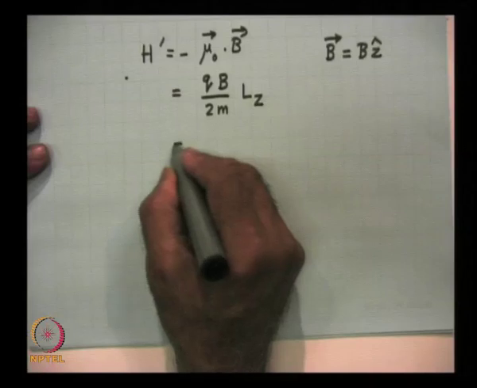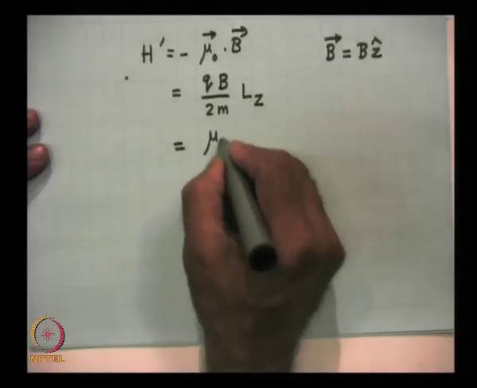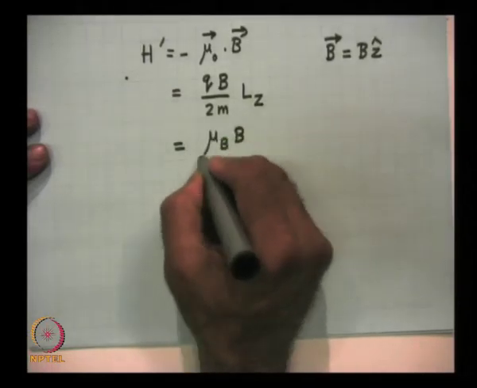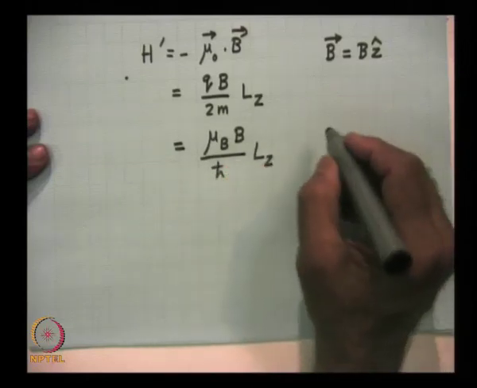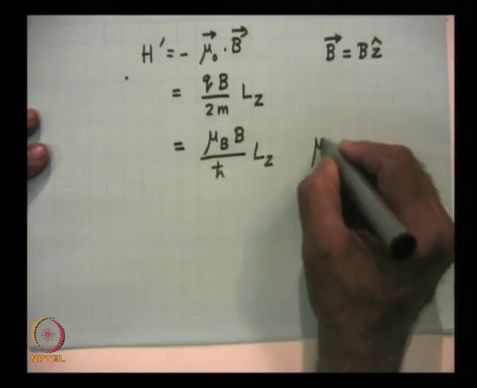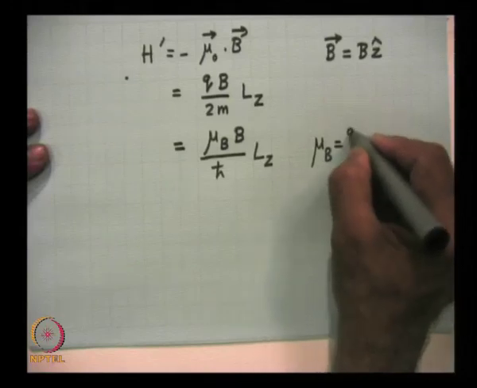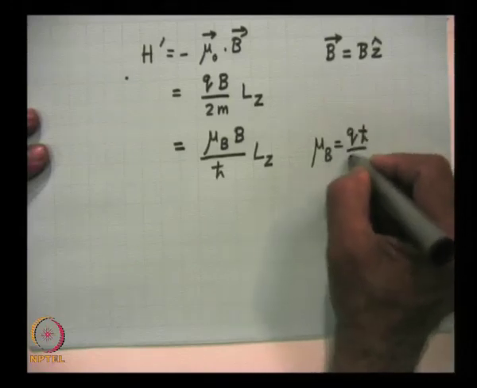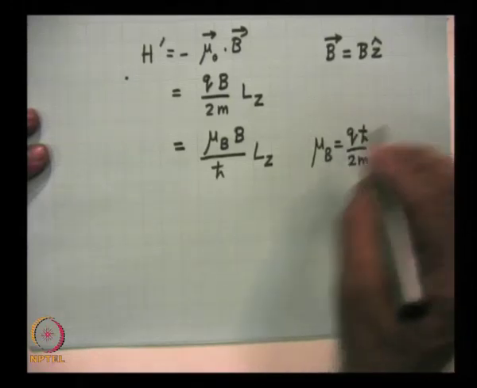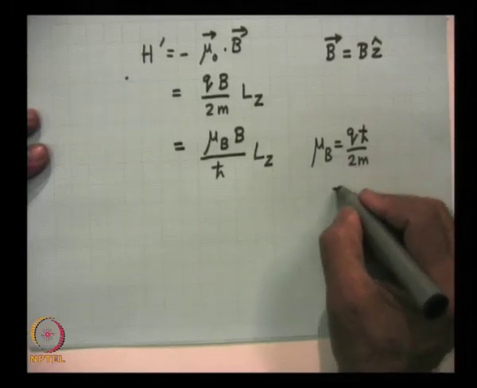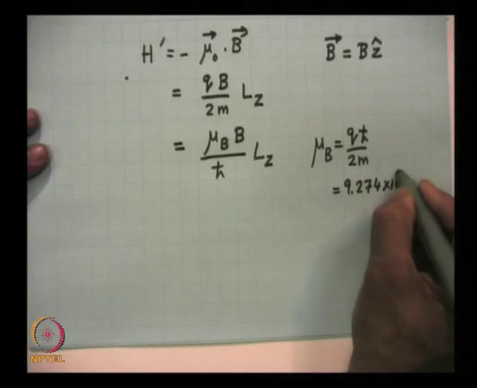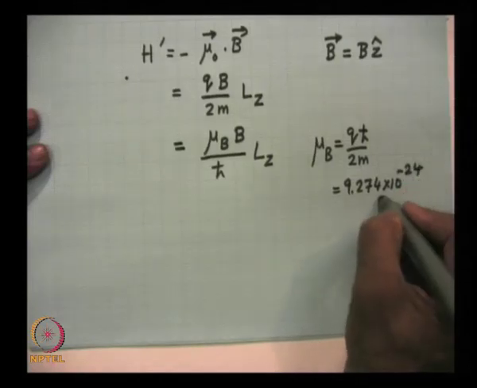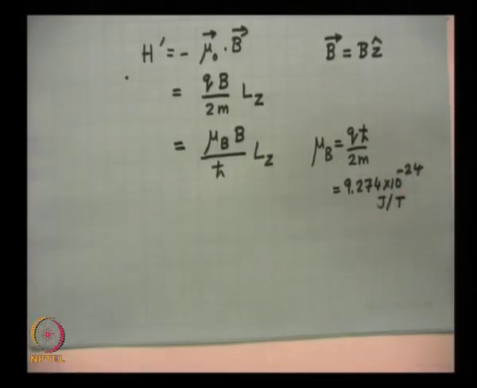So this we usually write as μB B by ħ Lz, and what is μB? μB is equal to qħ by 2m, known as the Bohr magneton, and the value is 9.274 × 10^-24 joules per Tesla.